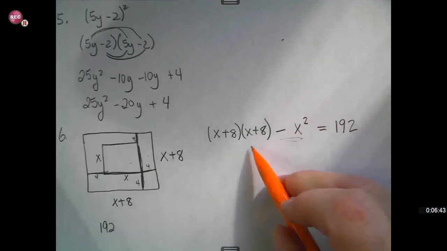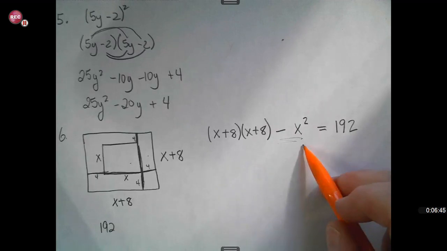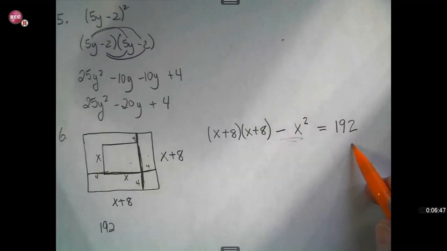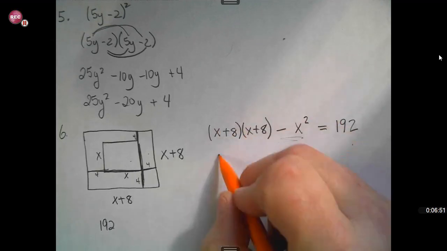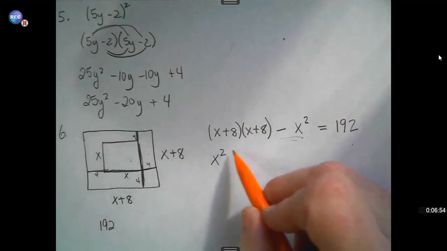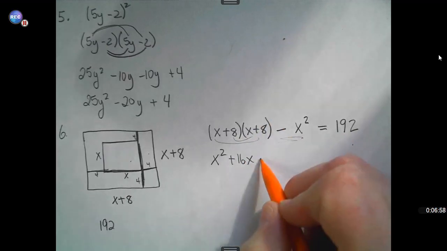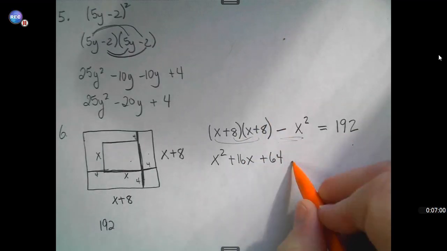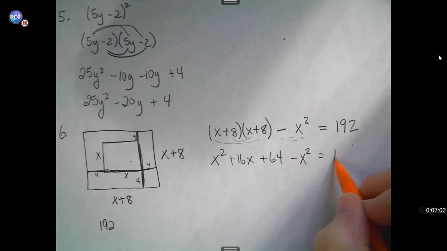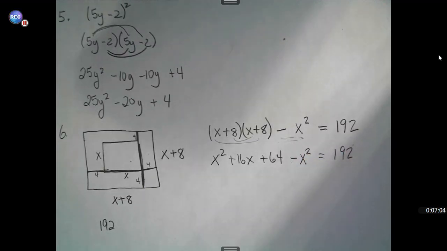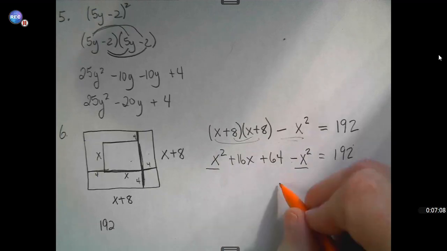So the area of the whole thing minus the area of the picture equals the area of the frame. And then this is going to be x squared plus 16x plus 64 minus x squared. And we talked about if your x squareds don't drop out, then you've done something wrong. So they do drop out.